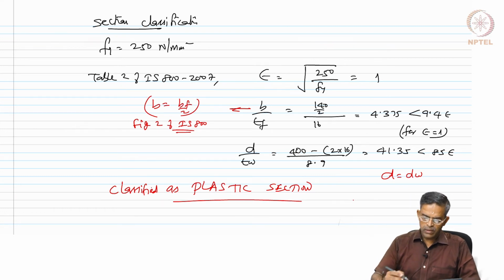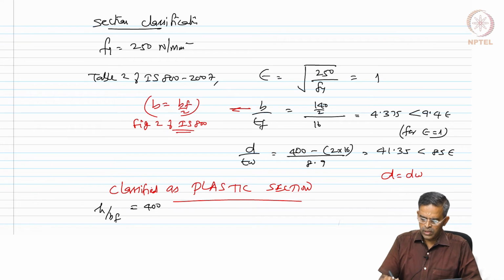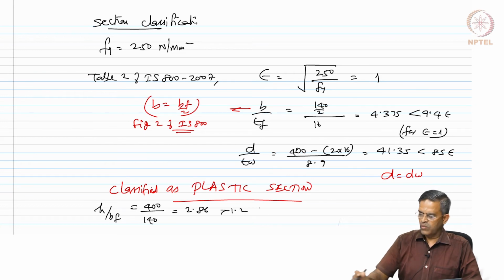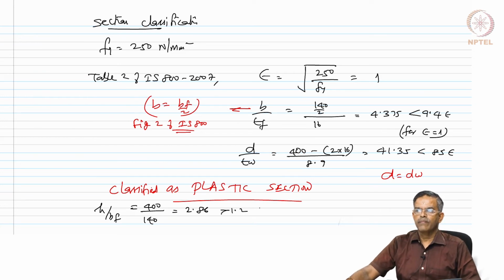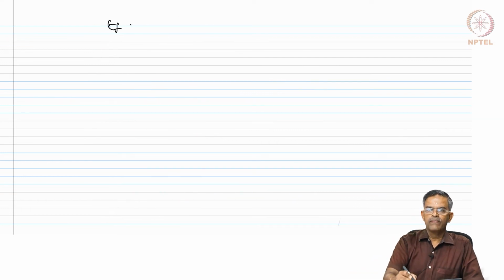Furthermore, h by Bf is 400 by 140, which is 2.86 greater than 1.2, and Tf is 16 mm less than 40 mm.